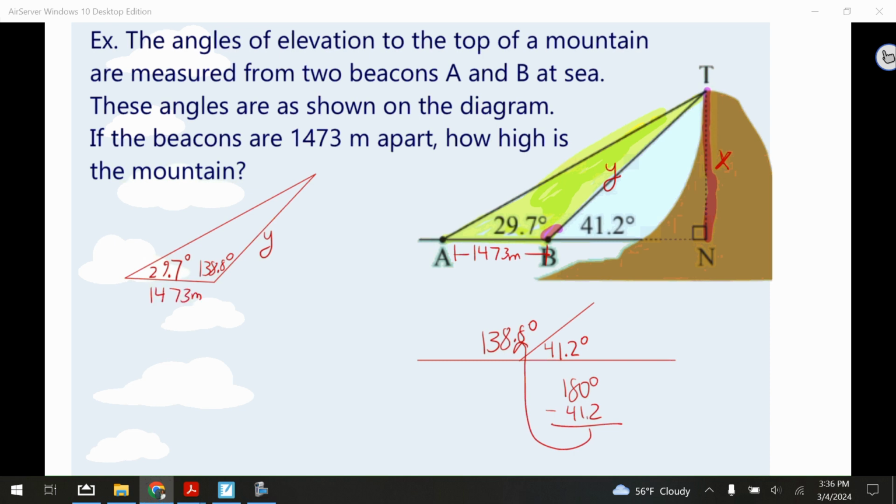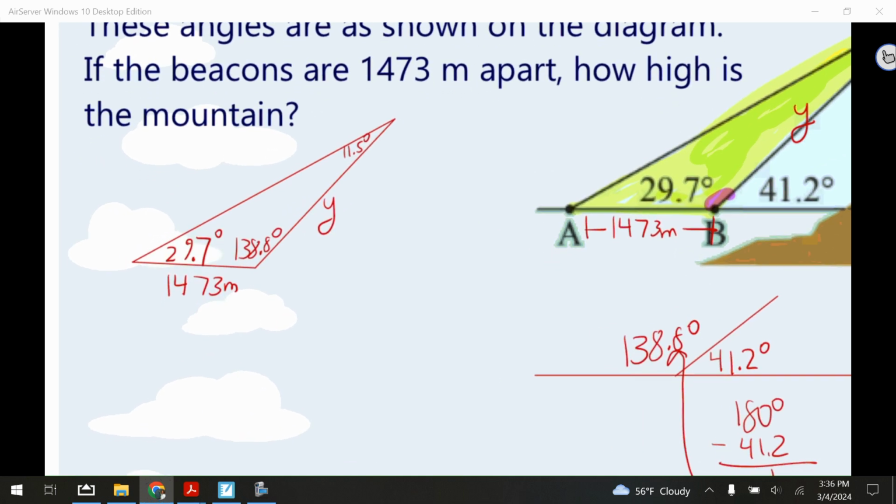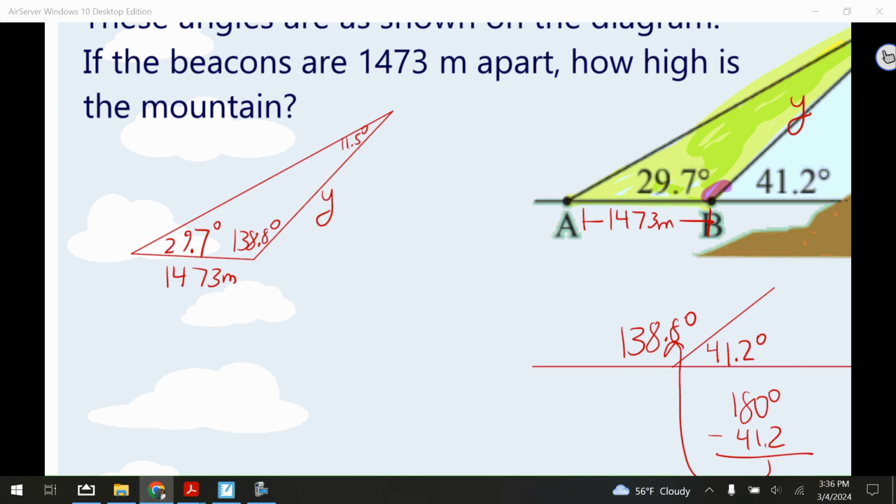I know this is 1,473 meters. Looking at this triangle over here, I can actually find the third angle by subtracting 180 minus the 138.8 minus the 29.7, and I got that this tiny one is 11.5. So I wrote inside there 11.5 degrees. And what I want to do is find that Y value.